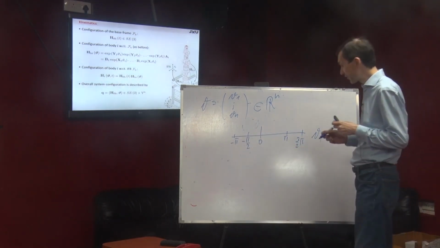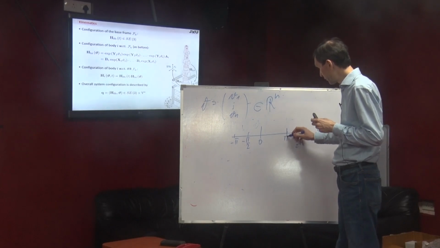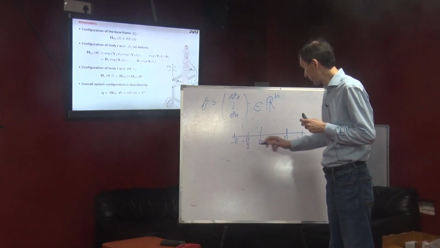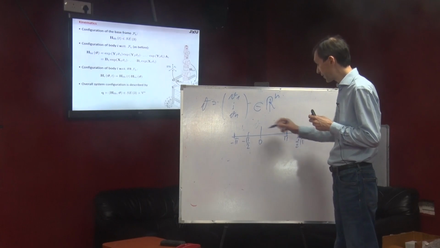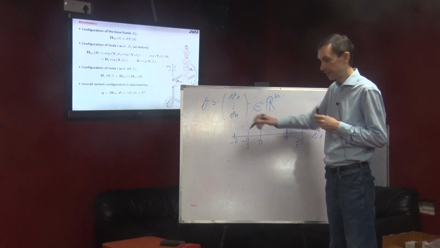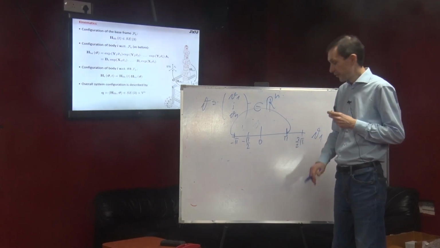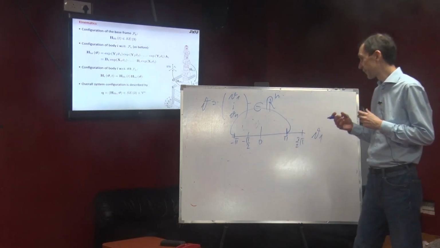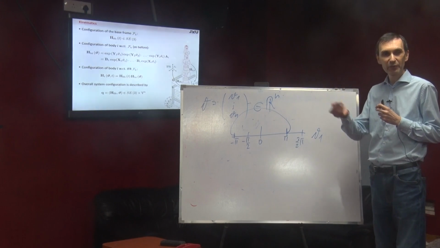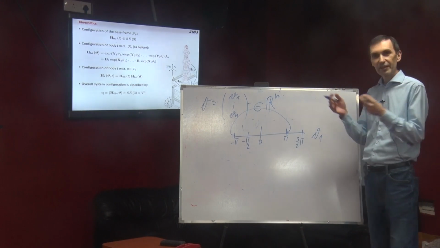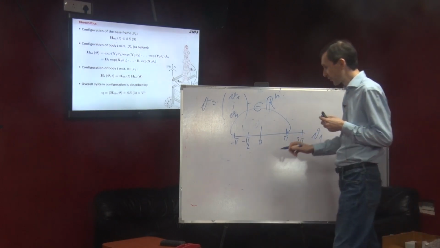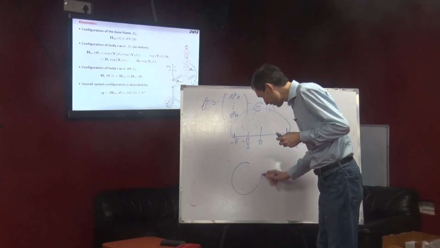So in this sense, you can identify the two ends, because once you go this way, you're actually coming back this way. So you can close the loop here. And this is why topologically, the configuration space of a revolute joint is not Rn, but it is the circle, right? Essentially, it's a circle.